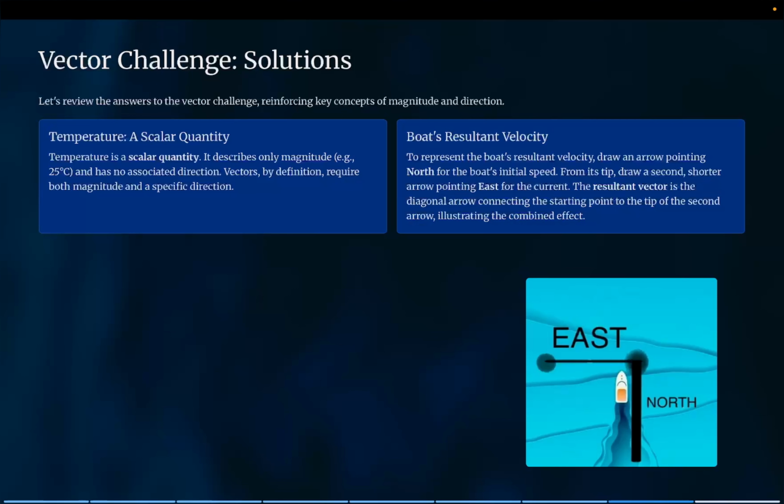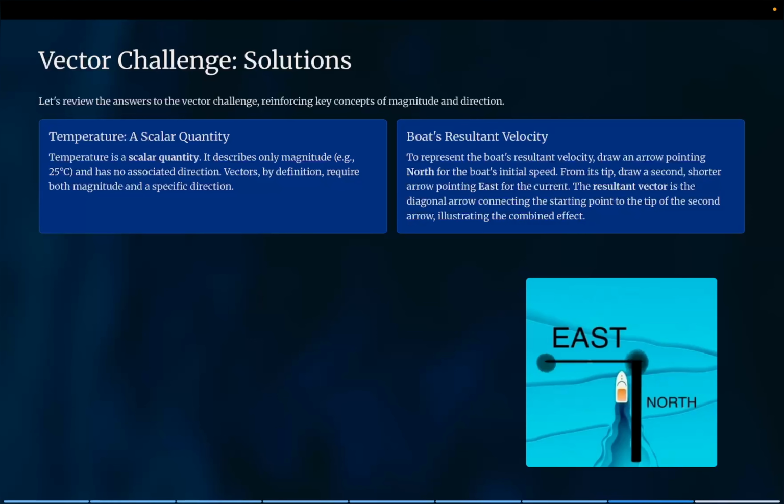And the second question, the boat's resultant velocity. You don't need any calculations here. It only asks you to represent it visually, so you can represent it as in the picture shown here. It goes north and then to the east. To represent the boat's resultant velocity, draw an arrow pointing to the north, because first it said the boat travels at 15 miles per hour due north.